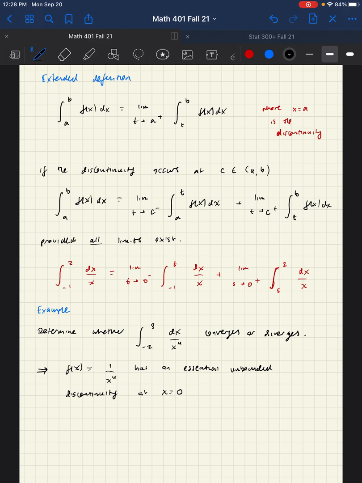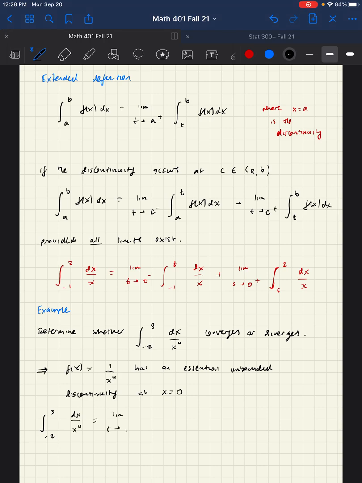So I'll have to split up this integral into the form where we have two limits of integrals, where we take the limit as t approaches 0 from the left for the first one and from the right for the second one.